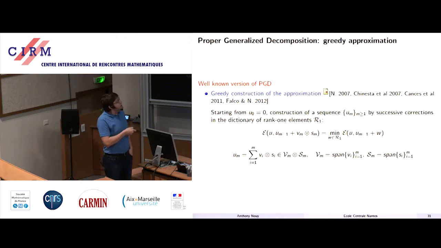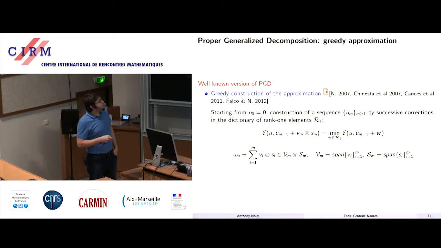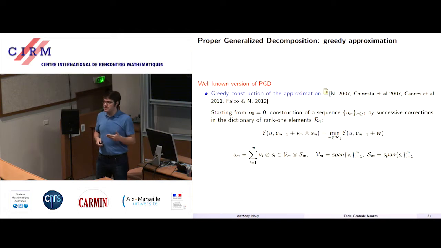And here I will show you two basic algorithms that are called PGD algorithms, which are different variants. First, the algorithm that adopts a greedy construction in the approximation. So very easy. To construct a rank M approximation, you will build one by one the different rank 1 terms in your expansion.